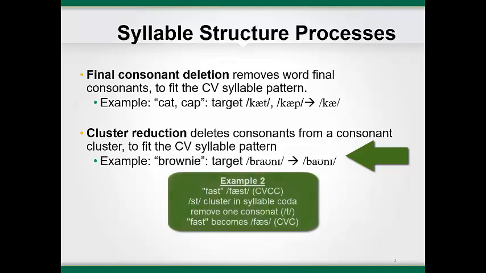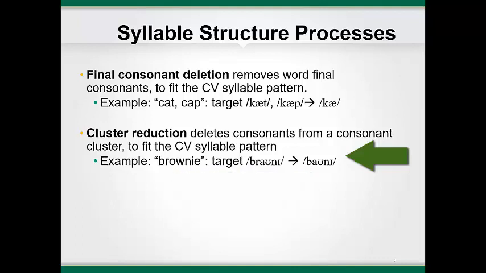An example of this process occurring in the syllable coda would be the production of the word fast as fas. In this case, the consonant cluster st, s and t, is in the coda and the t was deleted. Notice that cluster reduction doesn't have to make the syllable fit perfectly into the CV pattern. In this case, the word goes from CVCC to CVC, but it does make the syllable simpler.